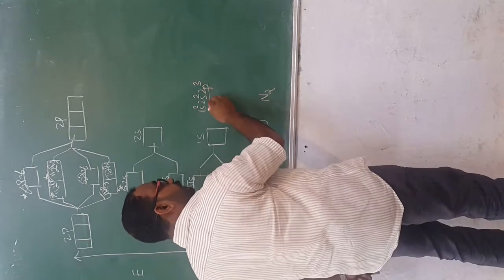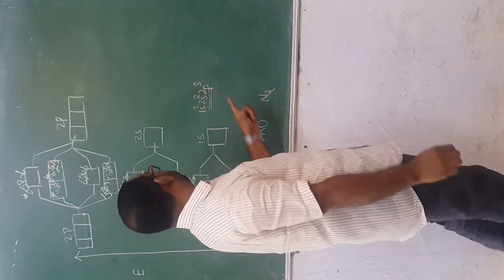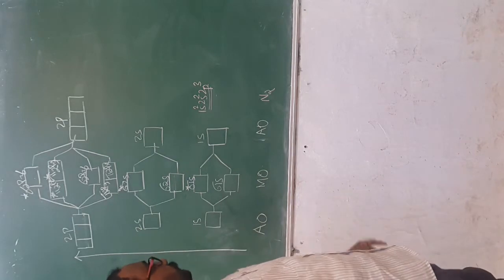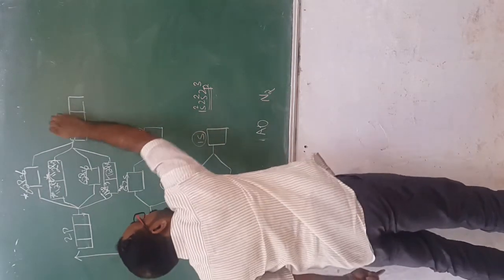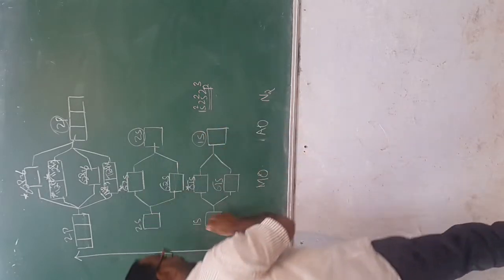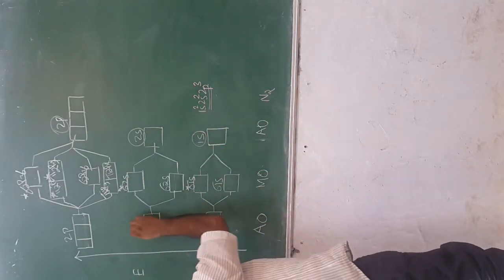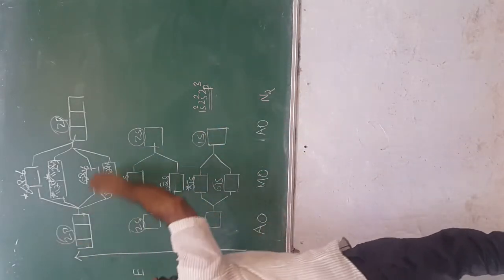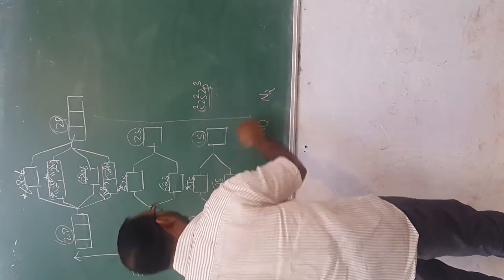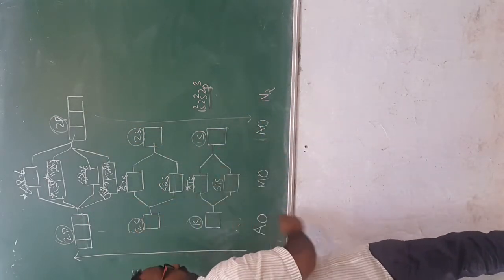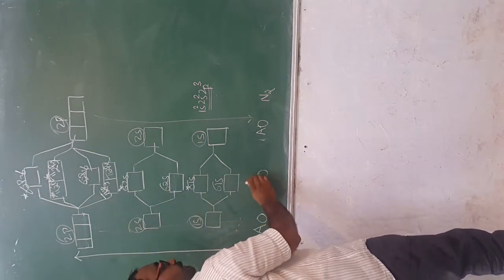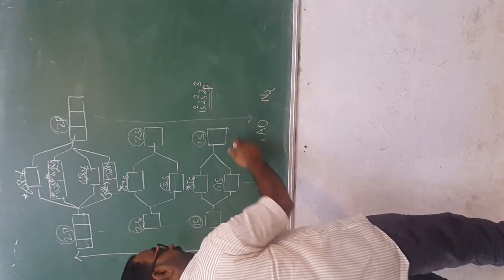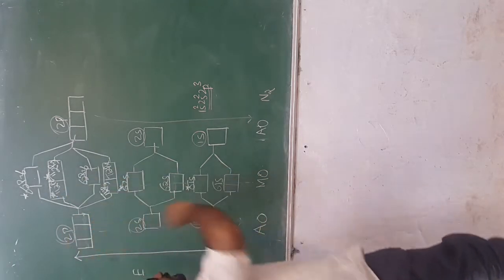So these three subshells will be involved in molecular orbital formation. I have taken 1s, 2s, 2p for the first atom and 1s, 2s, 2p for the second atom. So these are atomic orbitals, and the molecular orbitals are at the center.